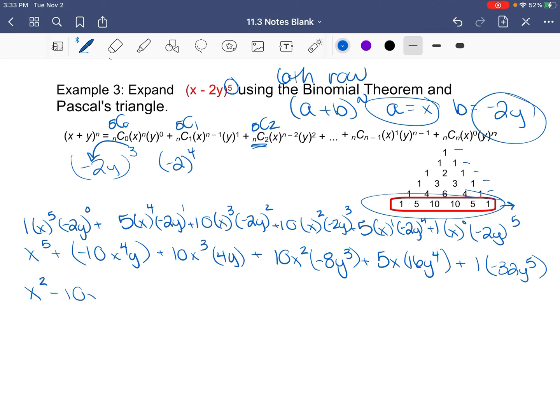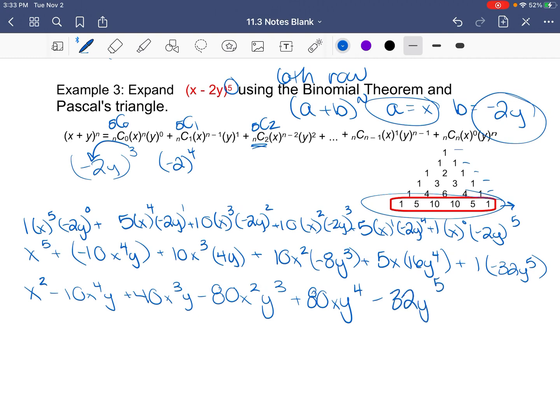So negative 10x to the 4th y plus 40x cubed y minus 80x squared y cubed plus 16 times 5 is 80 xy to the 4th minus 32y to the 5th.